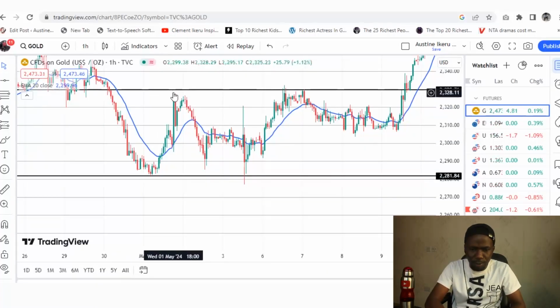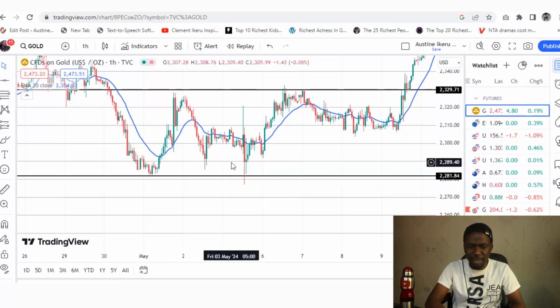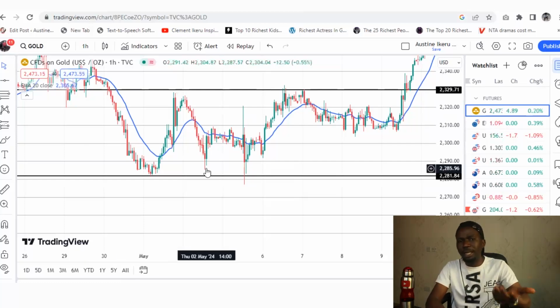If the market comes to the swing high, it gets rejected, and if it comes to the swing low, it gets rejected. But if you use the trend line, you see that you get so many wrong signals. That is why you need to work with price action to know what is currently happening in the market, so as to be able to trade it profitably.